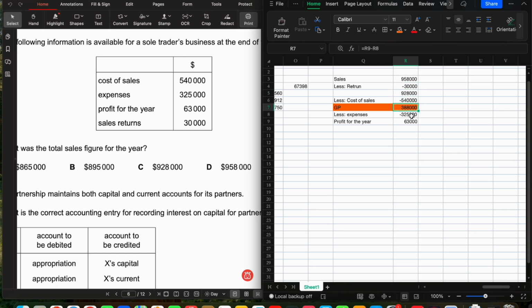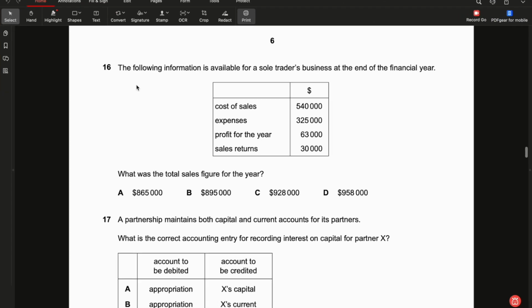And when we subtract expenses from gross profit, I'll get profit for the year. Okay, so I'm doing this in a reverse process, and 958,000 is my sales. Okay, so your correct answer is 958,000, which is option D. So question number 16 is D.